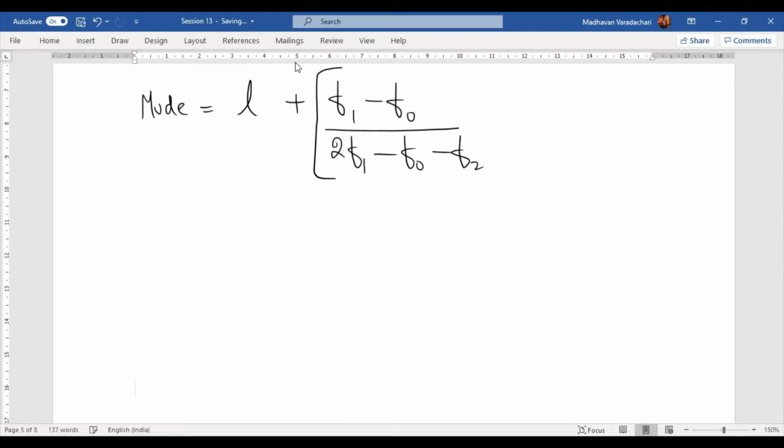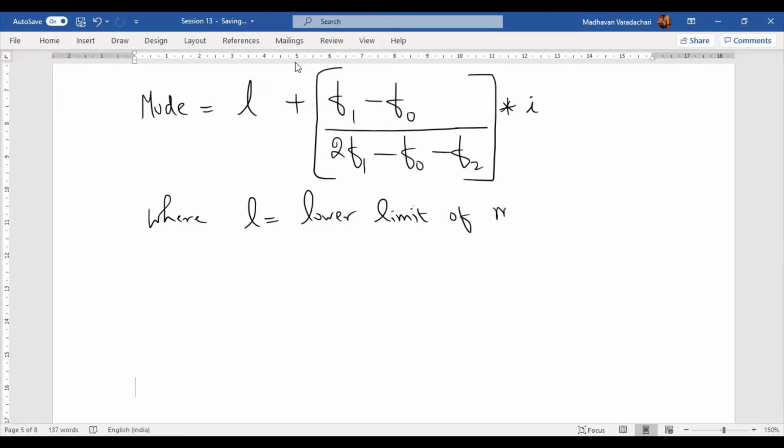This whole thing multiplied by small i, where L is lower limit of modal class.